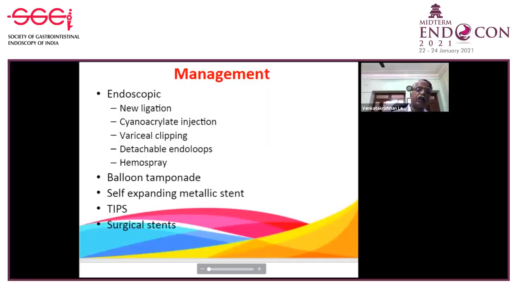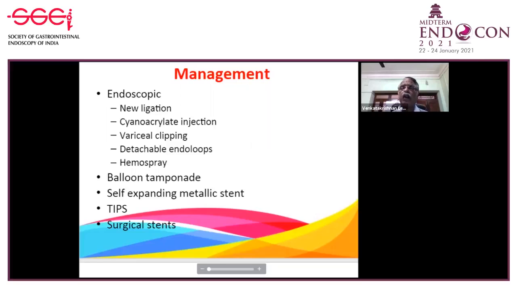If the bleeding is exsanguinating, we can put a Sengstaken-Blakemore tube, which can prevent rebleeding. But the problem with the Sengstaken tube is that they can have aspirations, esophageal perforation and necrosis. There's been a definite role of self-expanding metallic stents in some of these patients.